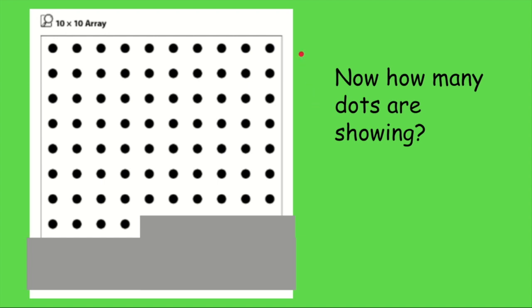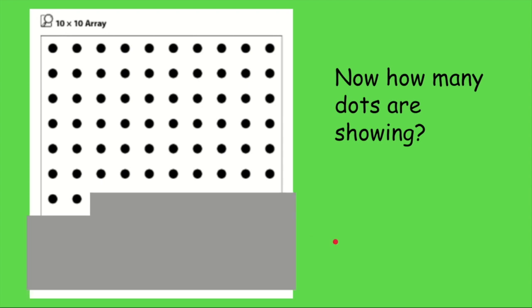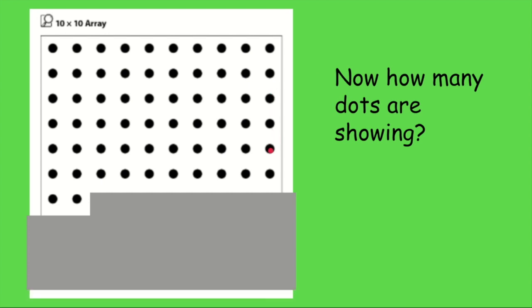Let's count by tens together. 10, 20, 30, 40, 50, 60, 70, and 4. 74. Great job. Now how many dots are showing? Let's try it again. 10, 20, 30, 40, 50, 60, and 2. 62.